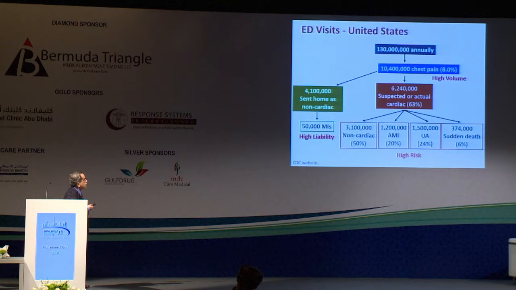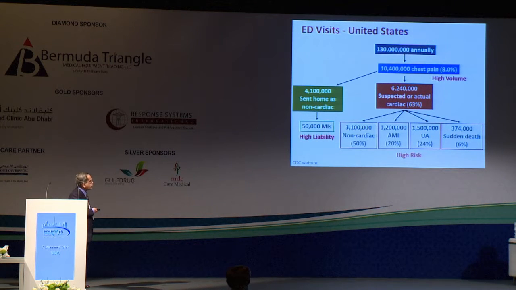Out of the 6 million which would be suspected of having some degree of cardiac disease, they would be kept in the ER and would have subsequent troponins done, EKGs done. 3 million of them would be sent home. 1.2 million will have acute MI, and they would be sent to the cath lab.